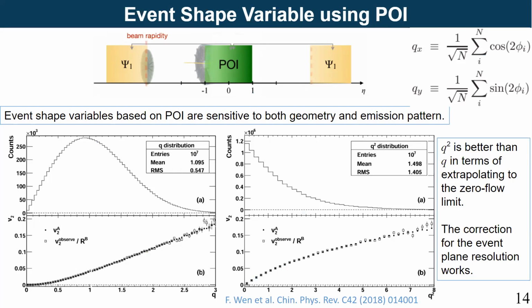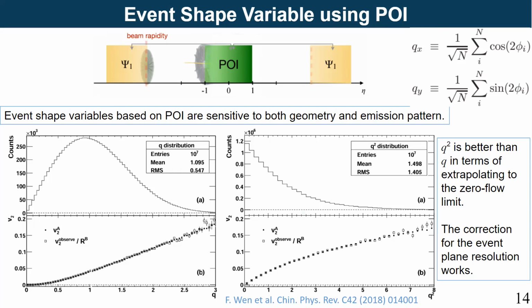And then in this method paper, we found that actually Q2 square is a better observable. It's a better control over the event shape because the distribution of the Q2 square has a peak around 0. It's just due to the Jacobian effect, but we can take advantage of this effect.